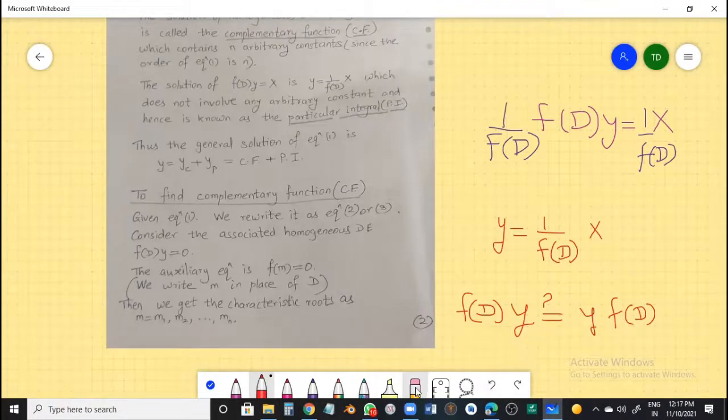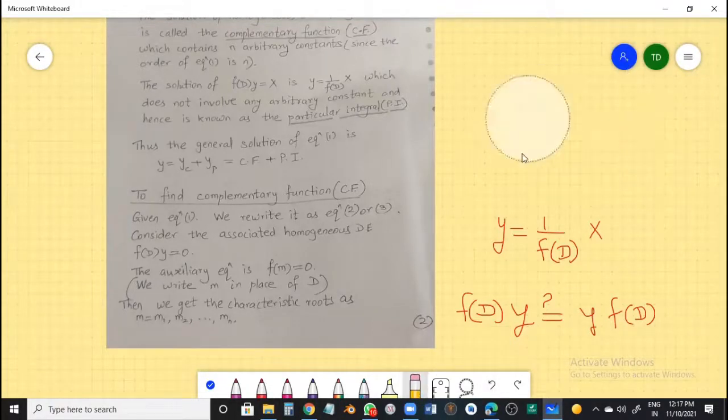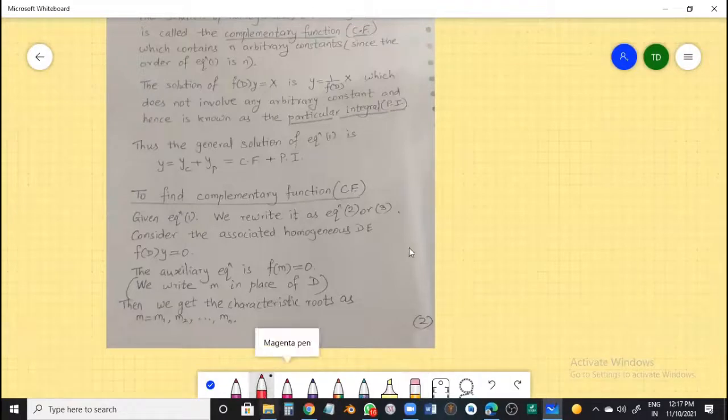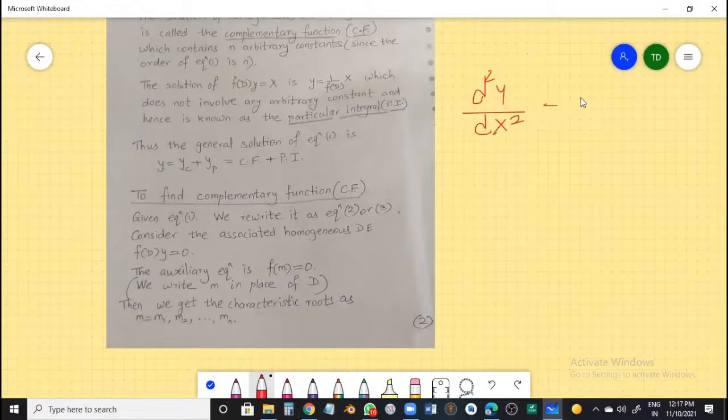All right, just see. I rub this. Suppose I am dealing with a differential equation, d2y by dx square minus 5 dy by dx plus 6y equal to 0.